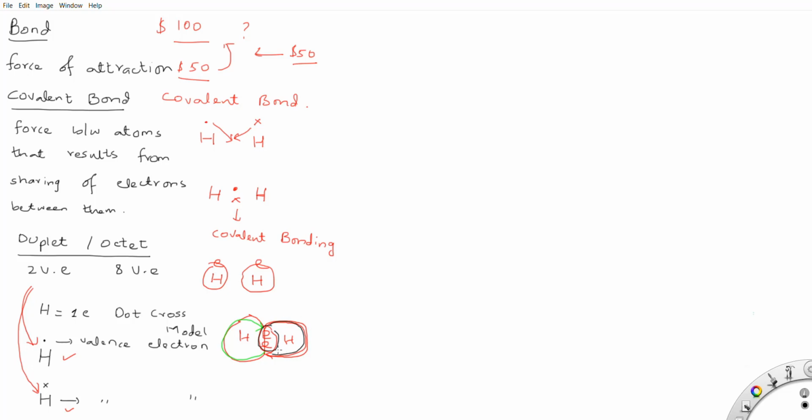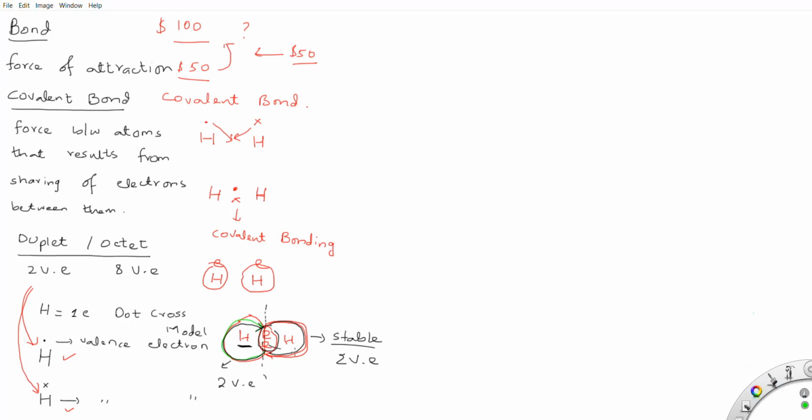During this period, while these two are moving in this hydrogen atom, it becomes stable as it has two electrons. And when this pair of electrons enters the other atom, that hydrogen atom is also stabilized. For the time being, it also has two valence electrons. That is basically the logic behind the stability here.